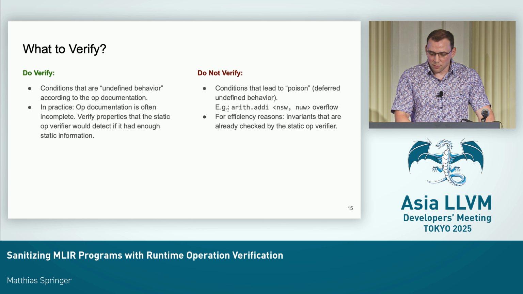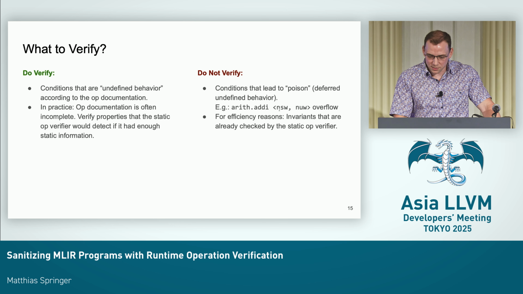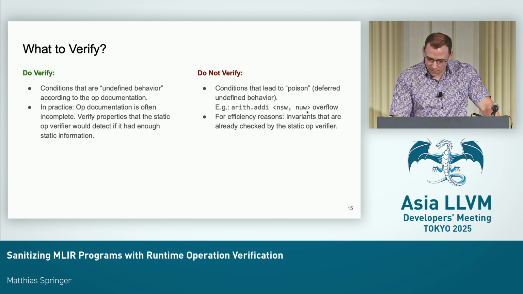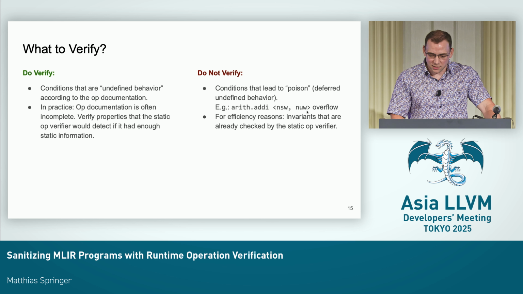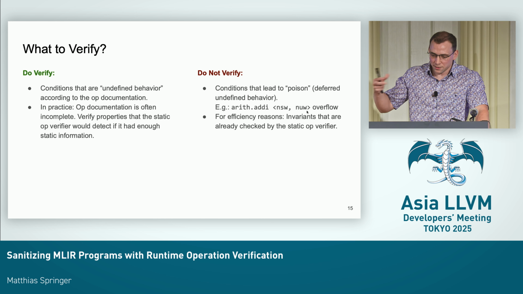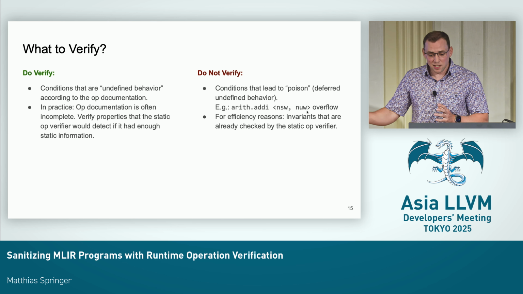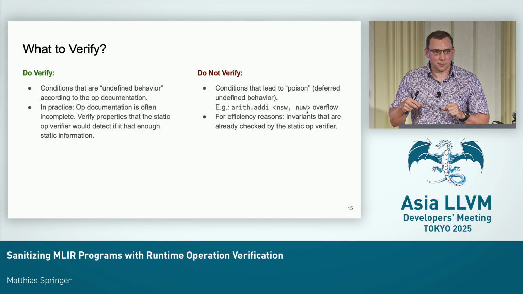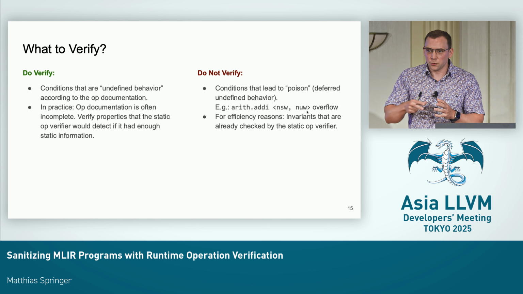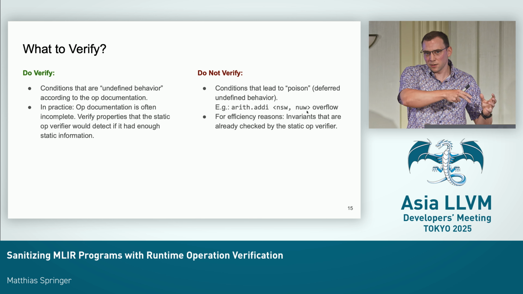For example, for arith.addi, we have these no signed wrap and no unsigned wrap bits, which basically tell the compiler, well, this addition is guaranteed to never overflow. But if it overflows anyway, it is not immediately undefined behavior, but only if you use that poison value later in a certain way.